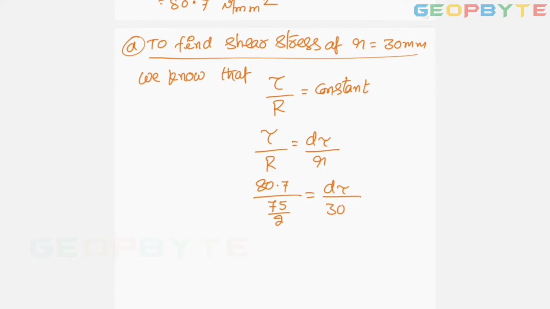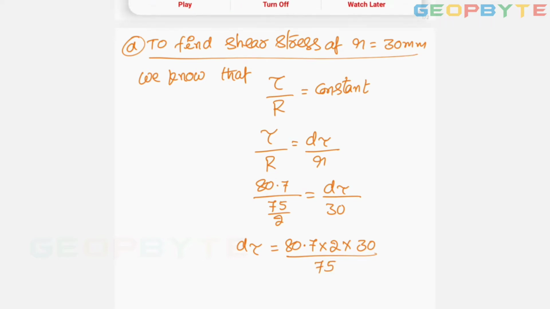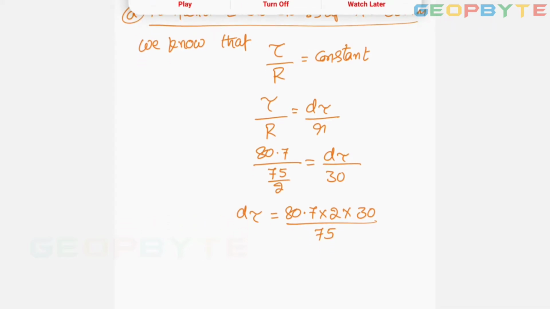Simplify this value: tau equals 80.7 into 2 into 30 divided by 75.